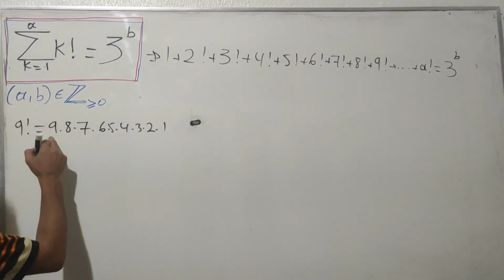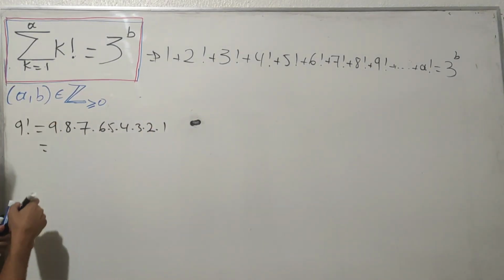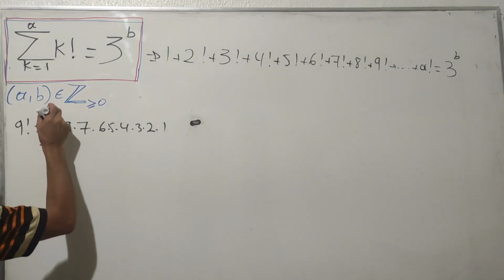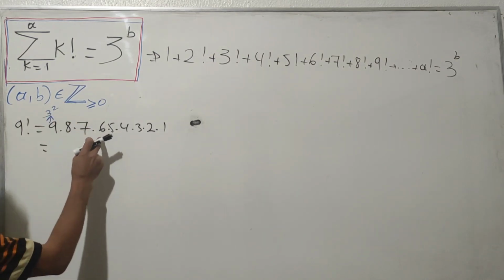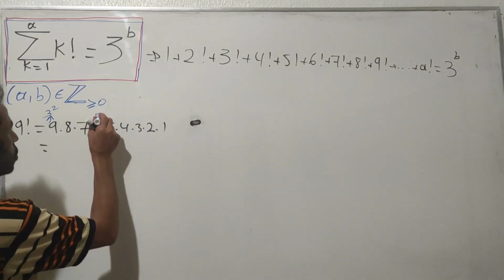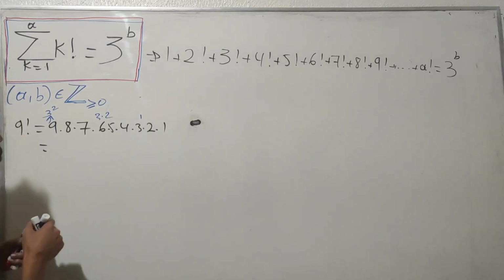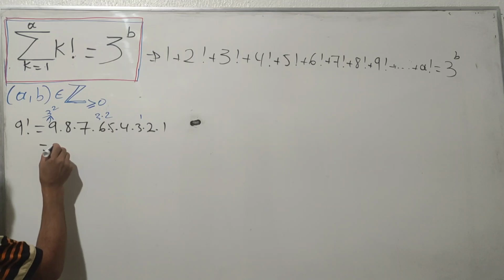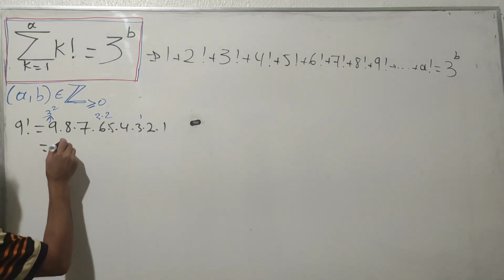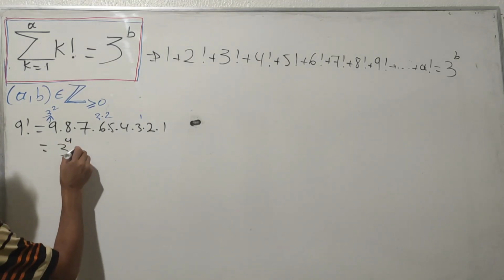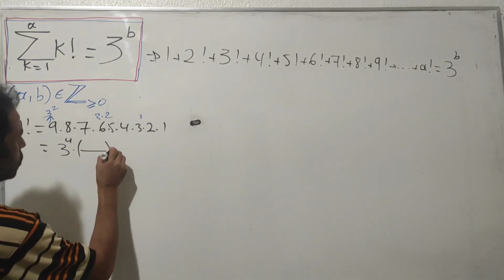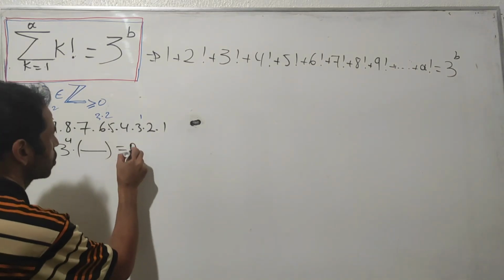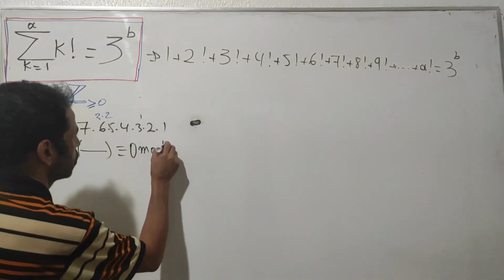So how many factors of 3 can I extract here? 9 contains 3 squared, so we get 2 here, 6 gives 1 here, and 3 gives 1 here. So I get 2, 3, 4. This one is going to be written in the form of 3 to the 4th multiplied by a bunch of numbers. So I'm going to reduce this one modulo 81. We'll have this one is congruent to 0 mod 81, okay?